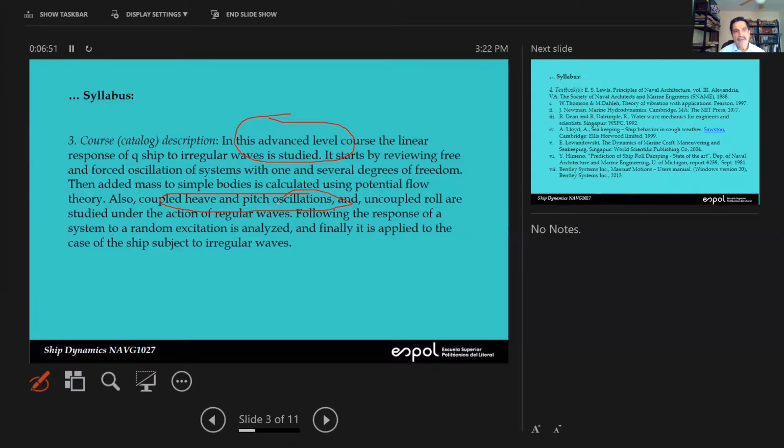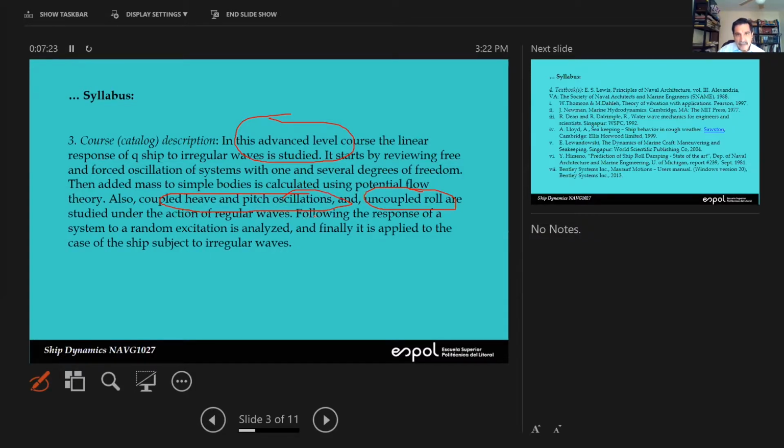And also we're going to study in a different chapter the uncoupled roll. Okay, so this is studied, but this is uncoupled. That means that we consider that the ship only rolls. It doesn't translate or rotate in any of the other axes, okay? And we do that first when we have regular waves, okay?